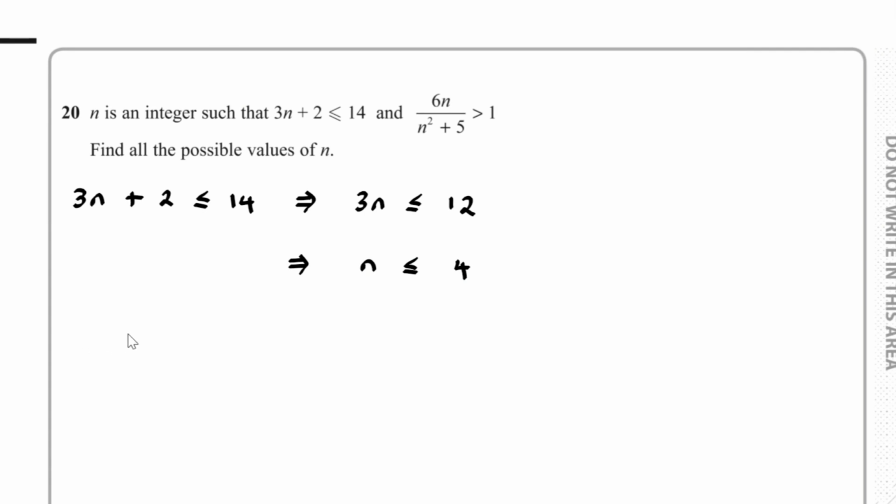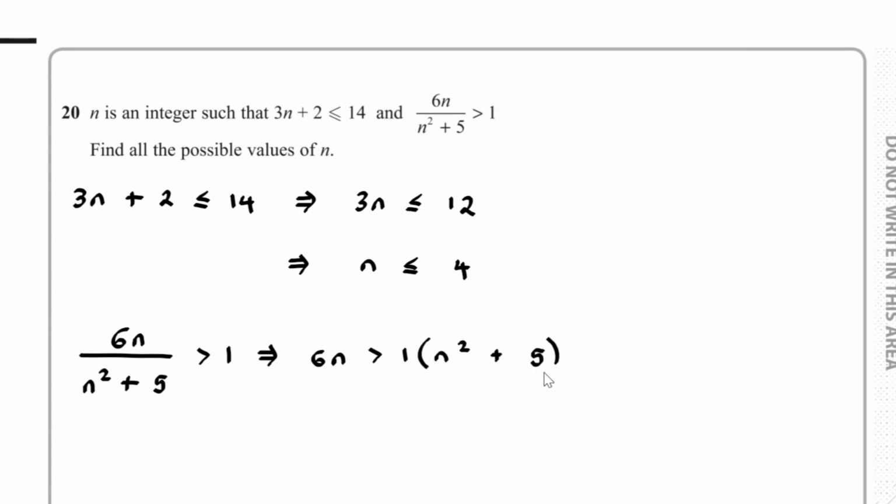Let's now take a look at 6n divided by n squared plus 5 being greater than 1. We have 6n being greater than 1 multiplied by n squared plus 5.